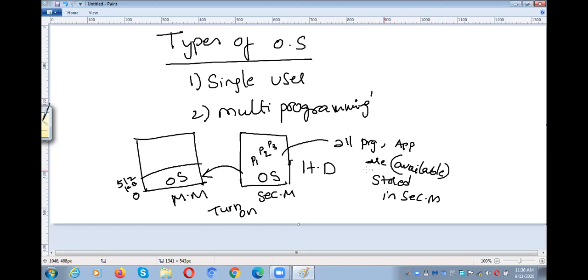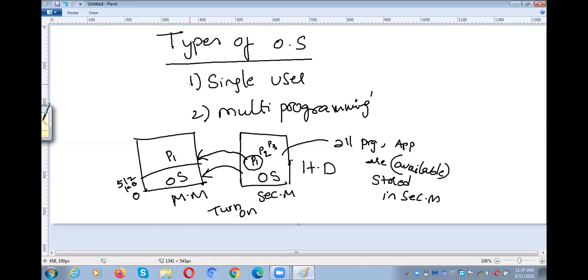Whenever you want to run a particular program, that program needs to be loaded from secondary memory to main memory. For example, if you want to run program 1, the CPU cannot access the secondary memory, so program 1 needs to be loaded from secondary memory to main memory.